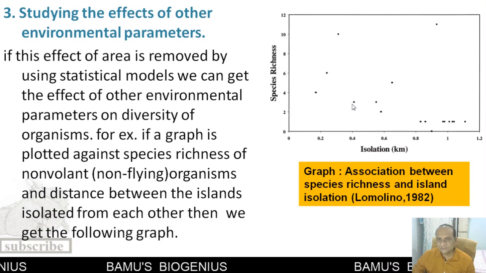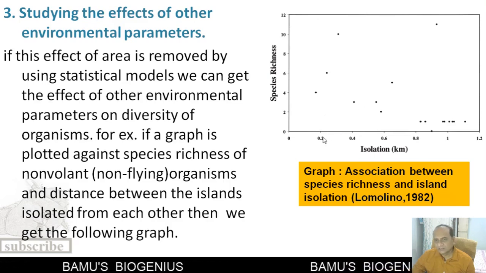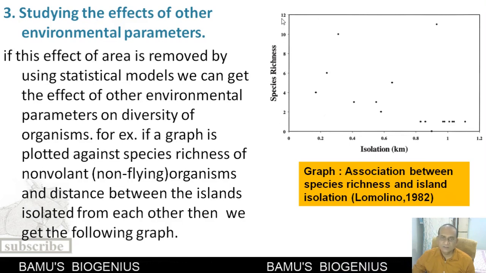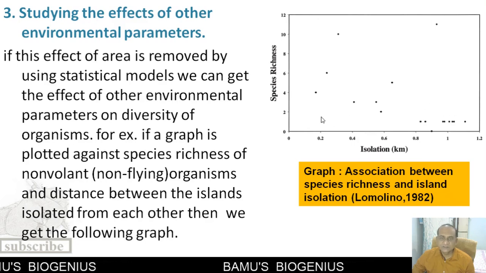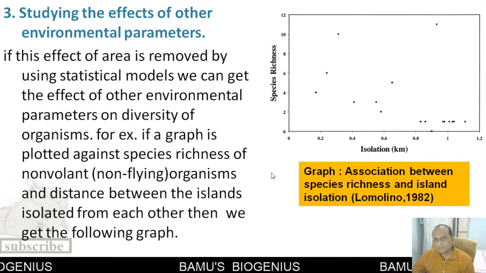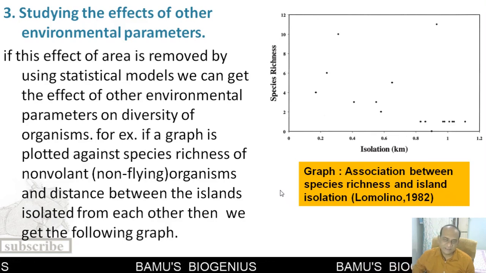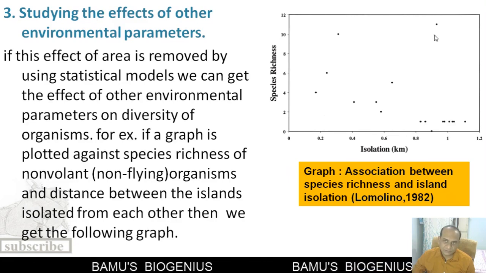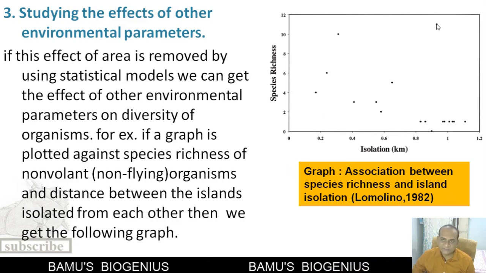The islands which are more isolated are plotted on the x-axis, and species richness is plotted on the y-axis. And what they observed, you can see here. So this is how for studying other environmental parameters also we can use these species area relationship curves. You can see here, the more isolated the island, the more the species richness.